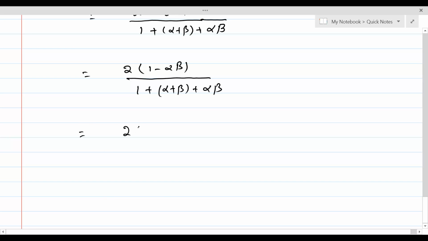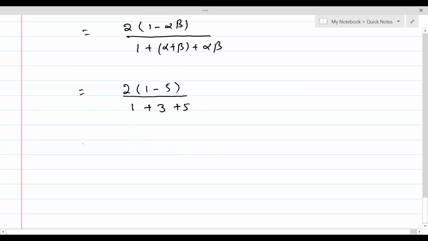So this is 2 times (1 minus 5) divided by (1 plus 3 plus 5). So this will be equal to 2 times minus 4 over 9. So this is equal to minus 8 over 9. So this is the value for the sum of the roots of the required equation.